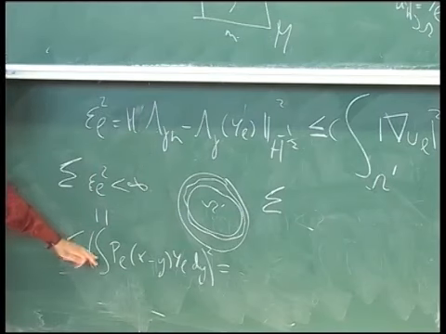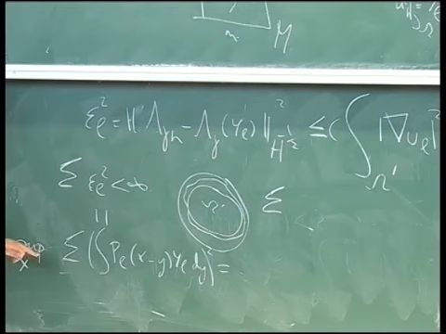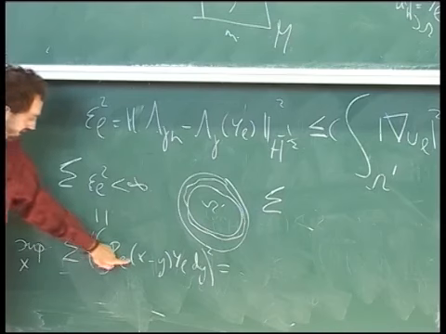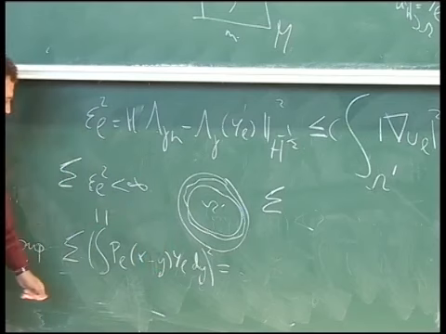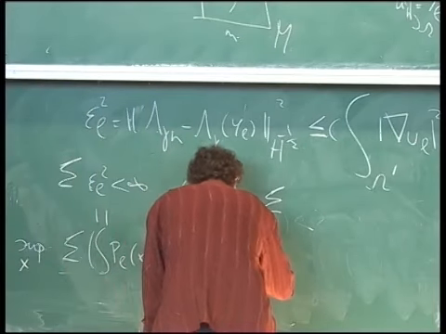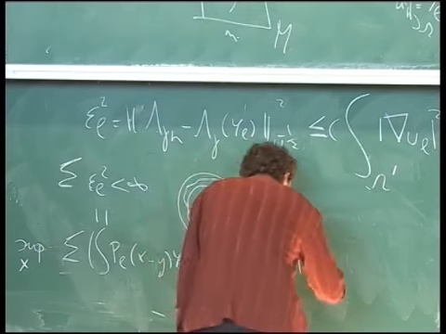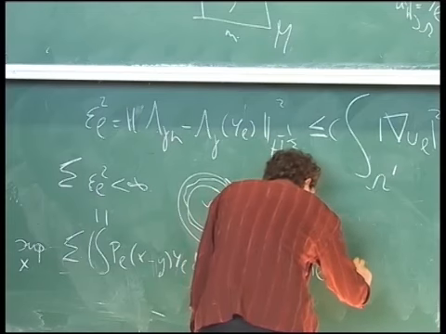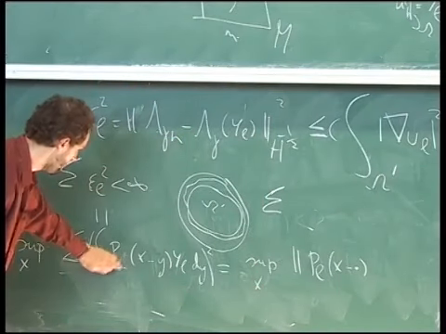But what is this? This is okay, sup in x. What is this? Now I use that the UA is a basis on the boundary, and PL for each x, PL of x minus y is an L2 function with this regularity. So I get here sup in x of PLx. Sorry? Yeah, where is this L?